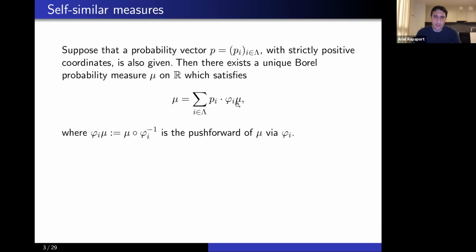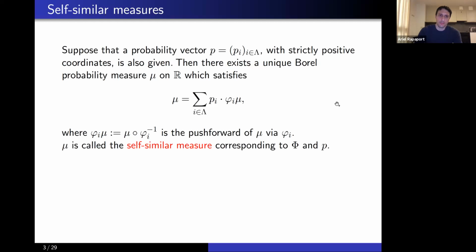Here phi i mu stands for the push forward of mu via phi i, which is defined as follows. Mu is called the self-similar measure corresponding to phi and p, and its support is equal to the self-similar set K. If I did not require that the probability vector has strictly positive coordinates, then the support would only be contained. But I will always require strictly positive probability vectors.